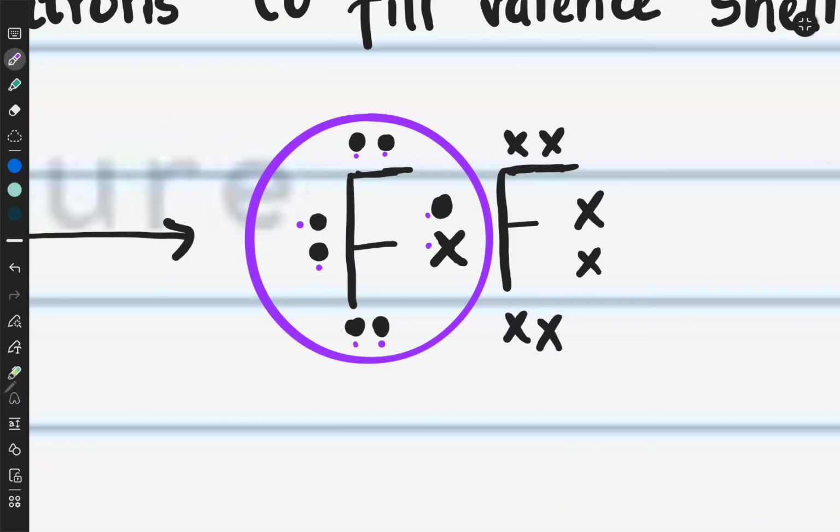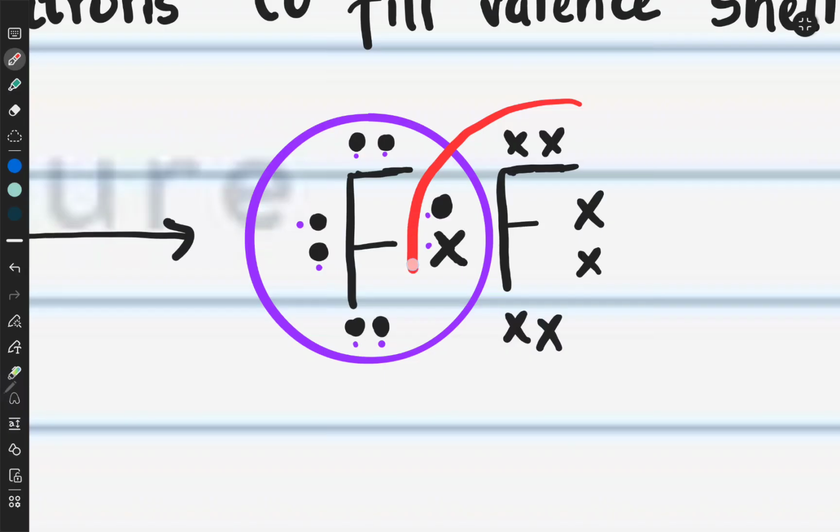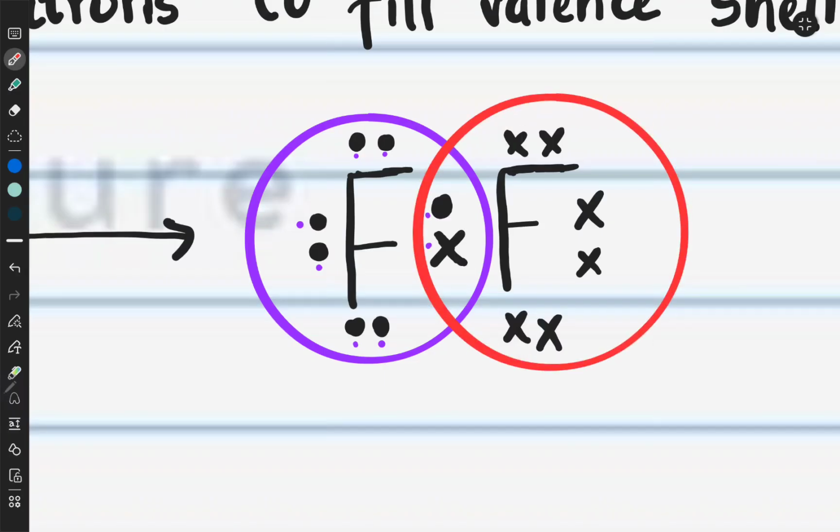So it is now stable. Since the middle pair is the one that's being shared, we can do the same for the other one. If we count the electrons in its outer shell, it's 1, 2, 3, 4, 5, 6, 7, 8. So now it is also stable.